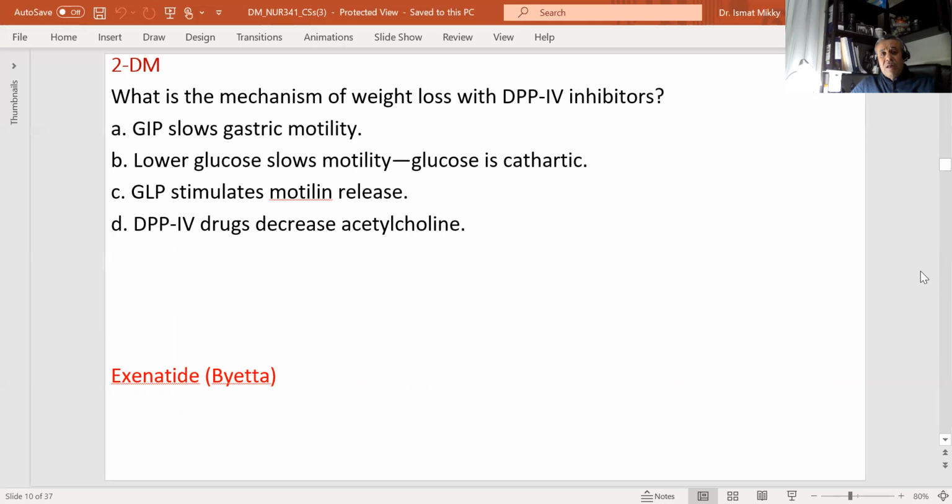The answer is A. So that's the GIP, slows gastric motility. So the GIP, which is the glucose-dependent insulinotropic peptide.